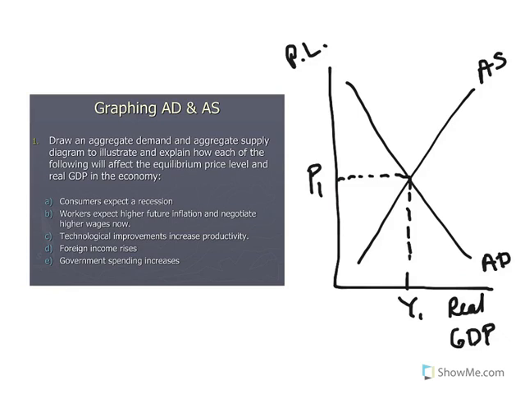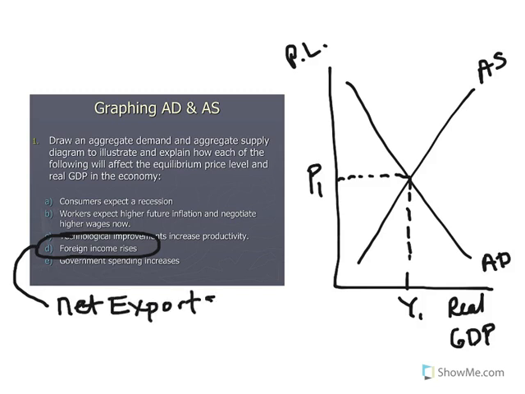All right, the next scenario I have listed is foreign income rises. And you recall that foreign income, that is something that will impact our net exports. And so net exports, that is going to impact aggregate demand for goods and services. So if foreign income is rising, what we believe is that there will be an increase in exported goods.